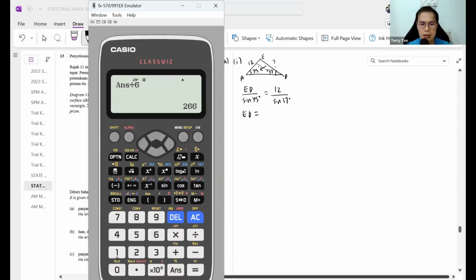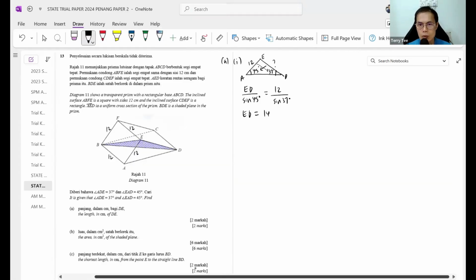Okay, use your calculator: 12 divided by sine 37, multiply with sine 45. Be careful, please use your calculator in degree mode, angle unit in degree. So that will give us 14.10. I'm using 4 significant figures, right? Okay, that is the length of ED.